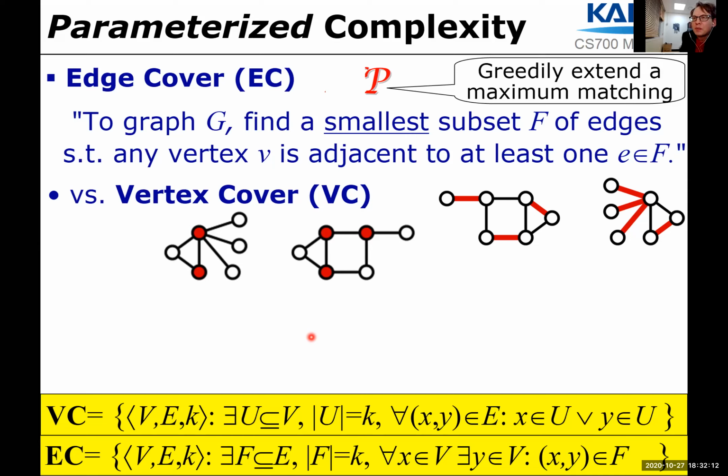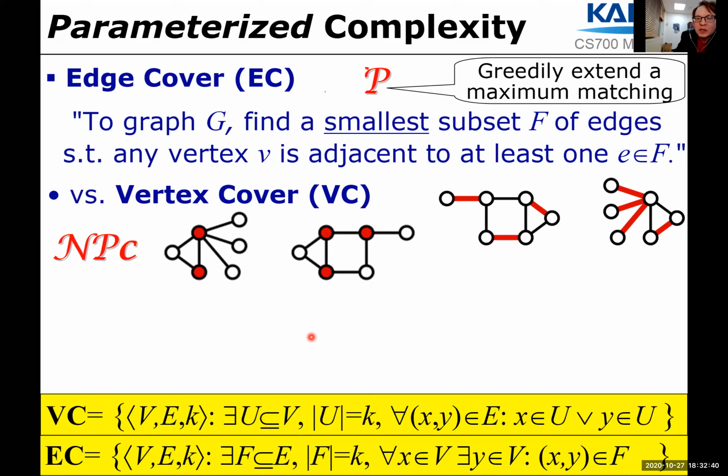So one of these problems that if there is a polynomial time algorithm solving it, then all problems in NP collapse to be polynomial time decidable, like the clique or the independent set problem, Hamiltonian cycle problem, and so on. So most likely this problem cannot be solved in deterministic polynomial time.